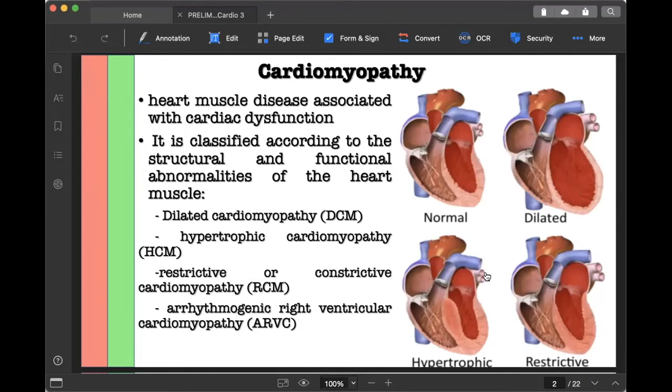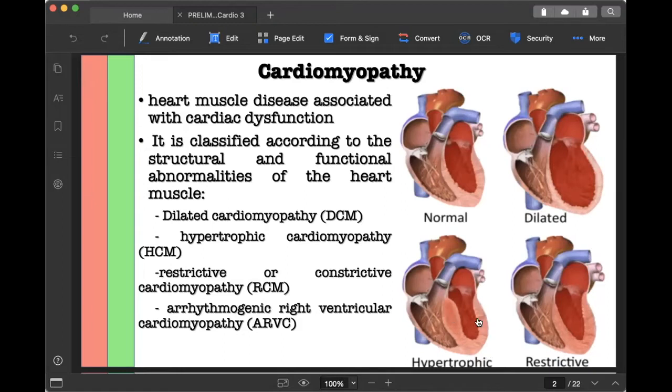On the other side, this is what we term HCM, or hypertrophic cardiomyopathy. Hyper means it became bigger, and tropic has something to do with the muscles.